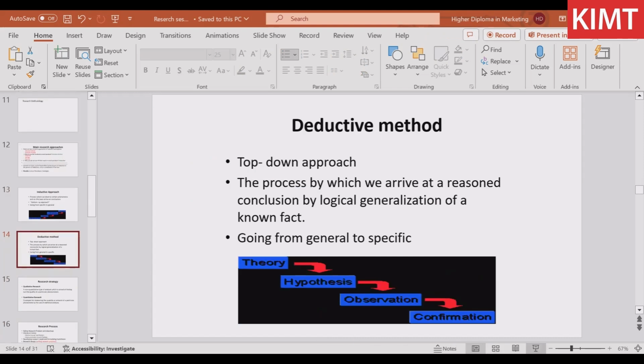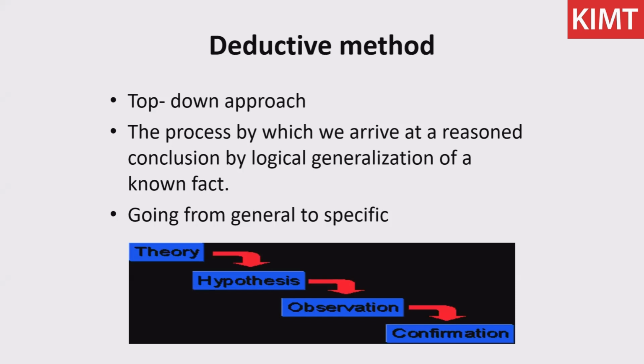Now, can you see that slide? Yeah. This is called deductive. We call it a top-down approach. Top means theory. Theory means something big, like for engineers, the gravity principle.